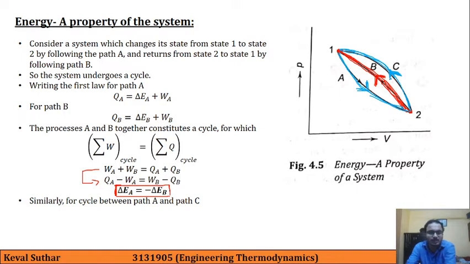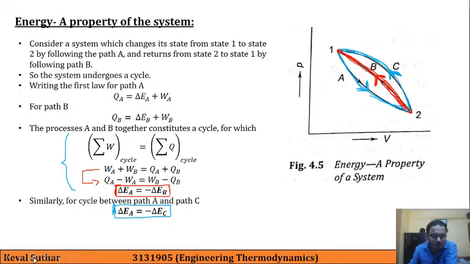Similarly, for a cycle between path A and path C, shown in sky blue color, it can be proved that delta EA is equal to minus delta EC. You can follow the same process and you will obtain this formula again.